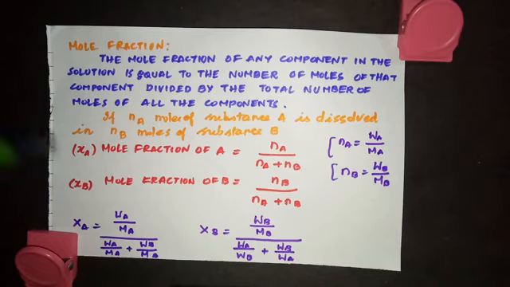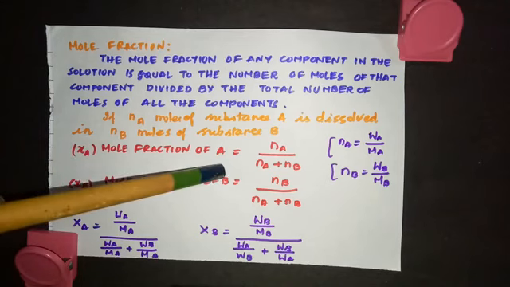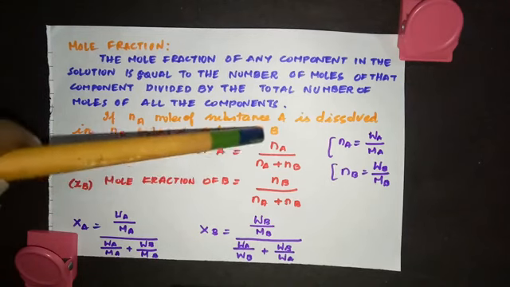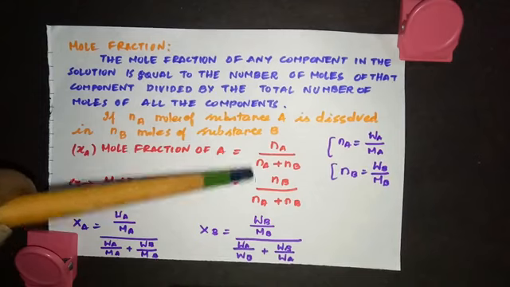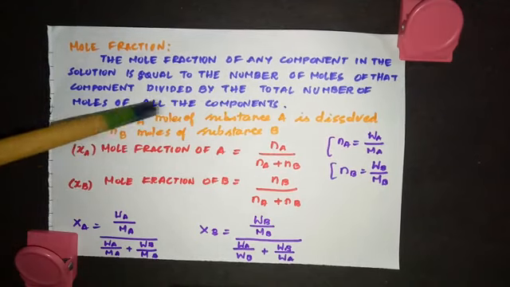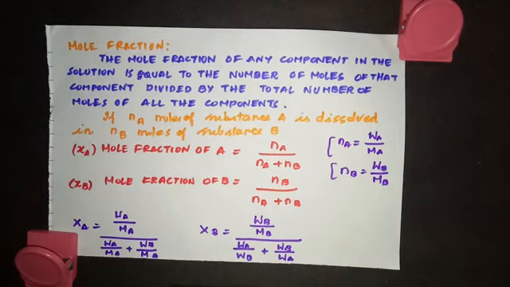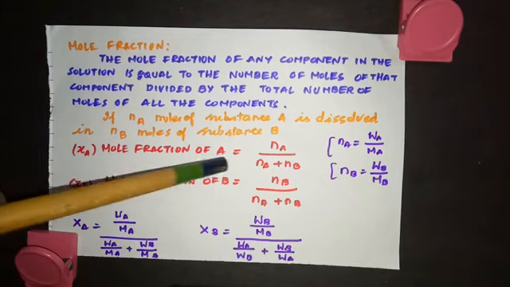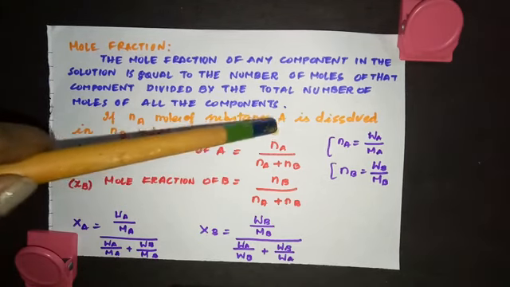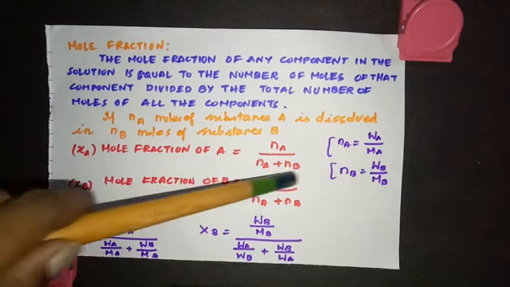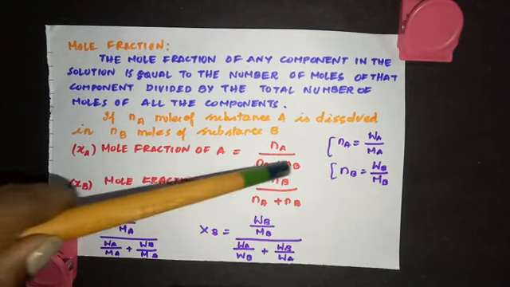Now I'm going to calculate the mole fraction of A. Mole fraction of A is equal to the number of moles of A divided by the total number of moles of all the components. What are the components here? A and B. What are the numbers of moles? Na and Nb. So the total number of moles is Na plus Nb. So the mole fraction of A is the number of moles of A divided by the total number of moles in the solution, Na plus Nb.